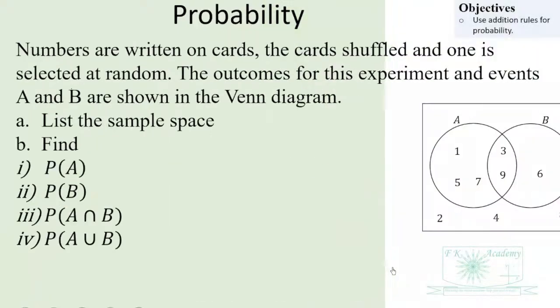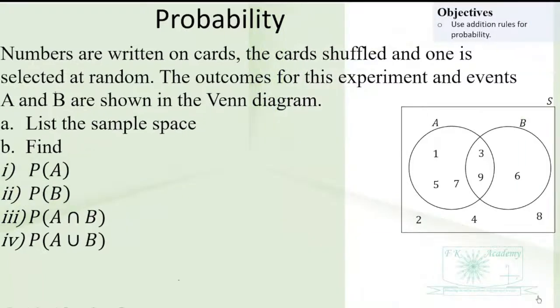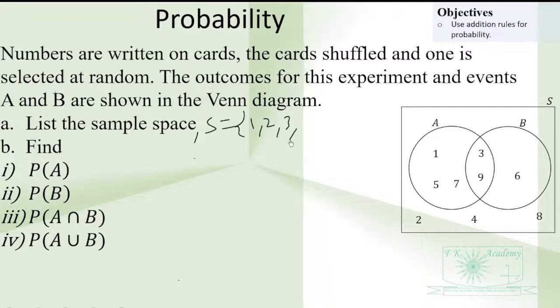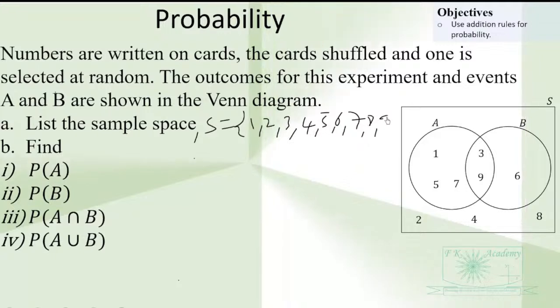Then let's take this one. Numbers are written on cards. The cards are shuffled and one is selected at random. The outcomes for this experiment and events A and B are shown in the Venn diagram. List the sample space. The elements in the sample space are 1, 2, 3, 4, 5, 6, 7, 8, 9.